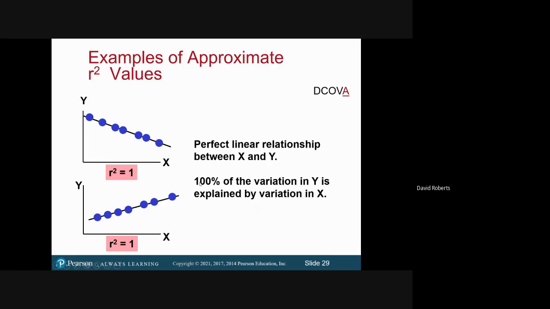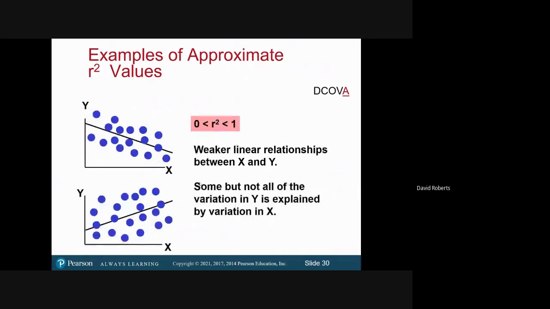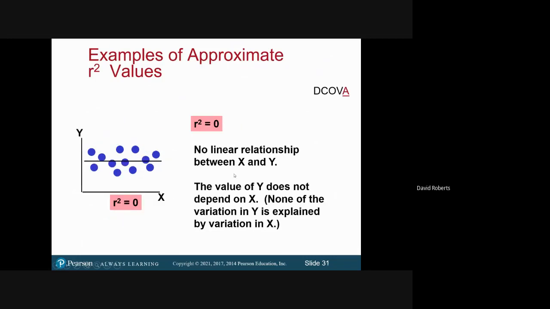There are other factors, but we want to see, is it like 63%? Is it 81? Is it 24? If it's 0, there's no relationship, and any value between 0 and 1 means it's partially explained. So we want it to be as close to 1 as possible. That's a good model. Closer to 0 is even to the point of being useless.